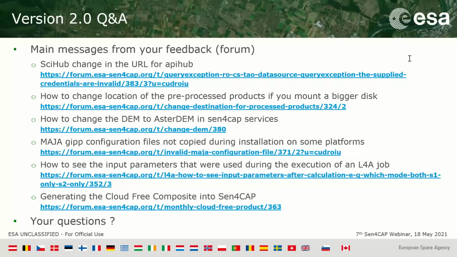Hello. We extracted only a subset of the topics that were discussed on the forum and that had more intense activity or several users involved. I will not insist too much on each of them, but one of the most important topics is related to the issue with Sci-Hub changing the URL for the AP Hub.